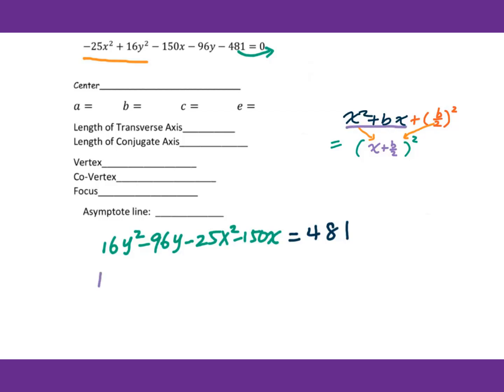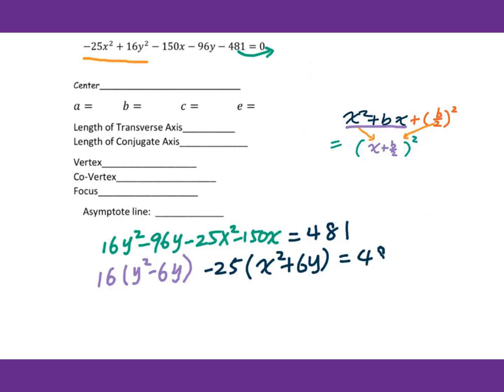Therefore, I take 16 outside. You will get y squared, negative 96 divided by 16, that's 6, so minus 6y. Minus 25 x squared, negative 150 divided by negative 25, you will get positive 6x, equals 481.